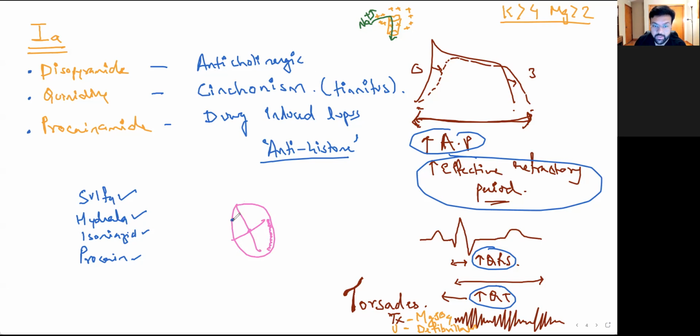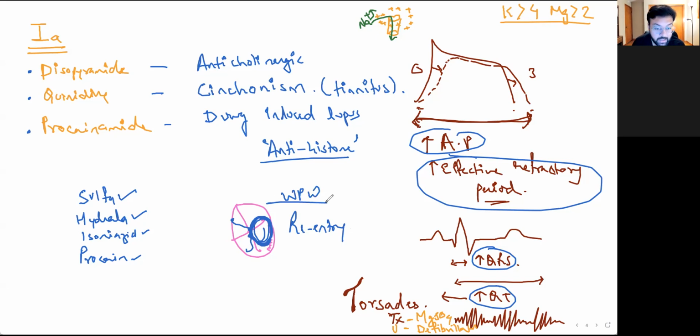Normally the signal should pass from the SA node to the AV node and finally to the bundle of His and the bundle branches, but sometimes it goes through the bundle of Kent. What is this phenomenon called, where you go round and round? Re-entry. Very good. The re-entry phenomenon in Wolff-Parkinson-White syndrome.